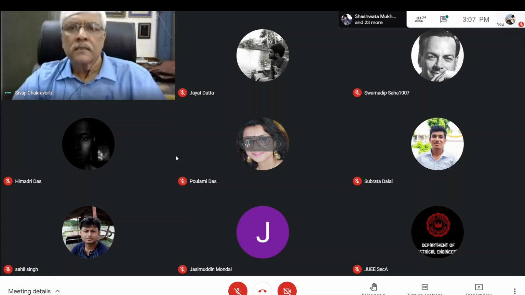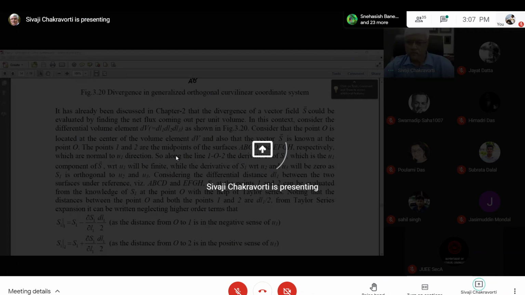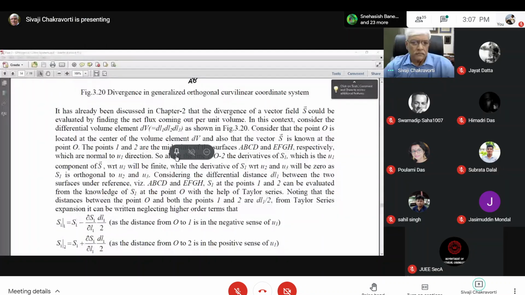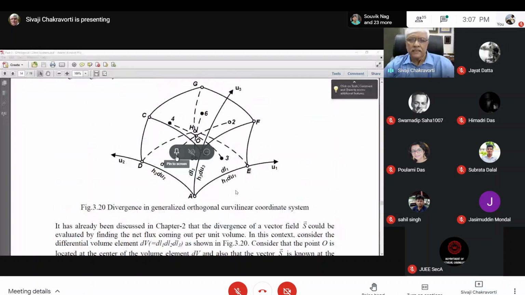Where is it? Here. Okay, is it coming? Yes. Good. Now just consider our discussion. Look at point O. If it is x, y, z, forget about u1 for a moment, and think about point 2. This is x plus a, y plus b, z plus c.